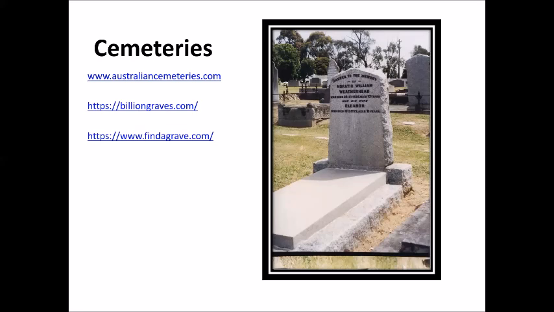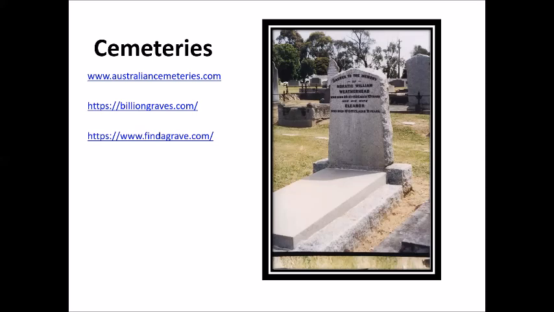And in this case here, we've got Horatio and Eleanor's death dates, and their age when they died. Some headstones have more information. They often include the woman's maiden name. They include children that were already born or buried in the same grave. So there are lots of things that you can find out in the cemetery.